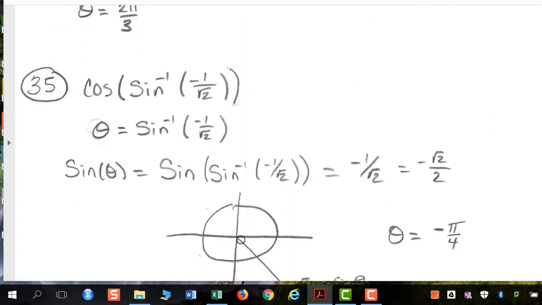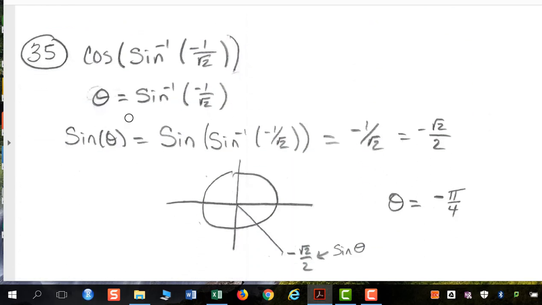Okay, number 35. Here I'm being asked to evaluate arc sine of -1 over root 2 inside the cosine function. So once again, what I do is I take the arc cosine or arc sine or arc tangent part. In this case, it's the arc sine part, and I set that equal to theta.